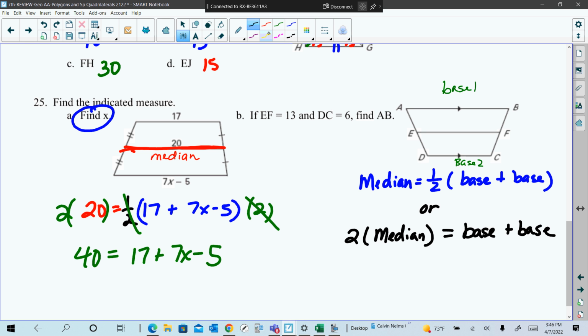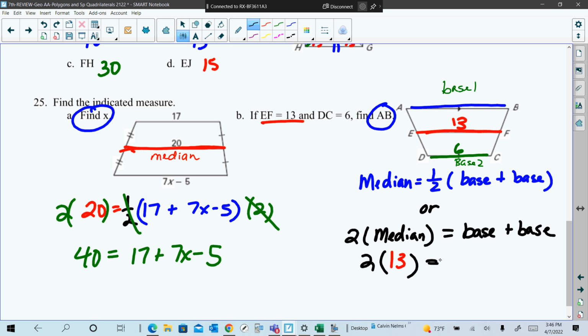25B, because they start off with EF, which is the median section, is 13, and they tell us that DC, which is this bottom base, is 6. They want us to find AB, which is that top base. So if I substitute the parts, since this is our median, put that there. I put that in parentheses and times it by 2.